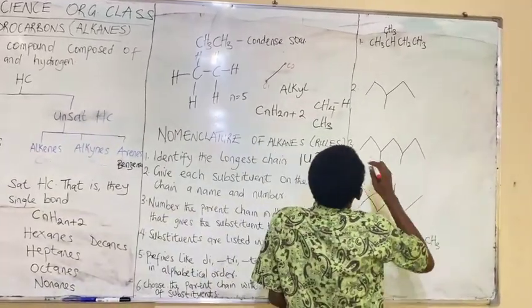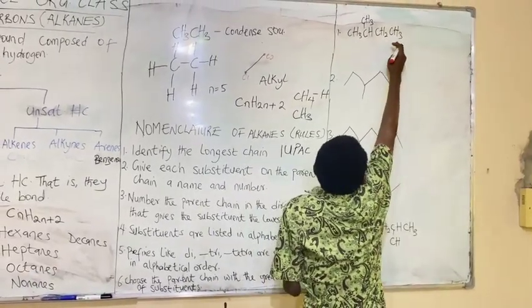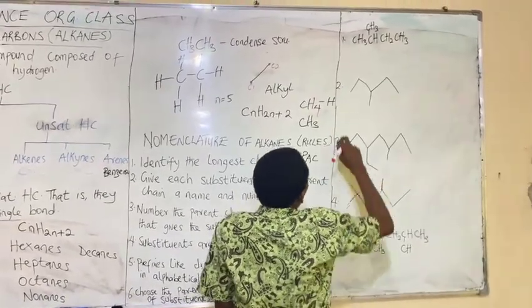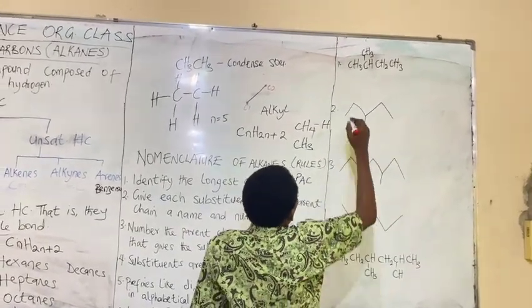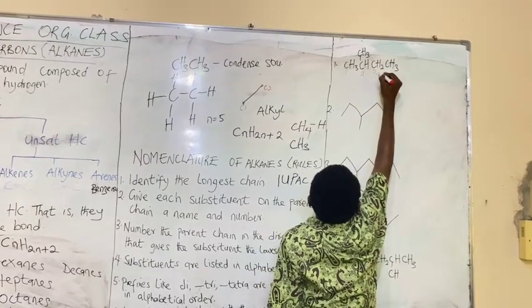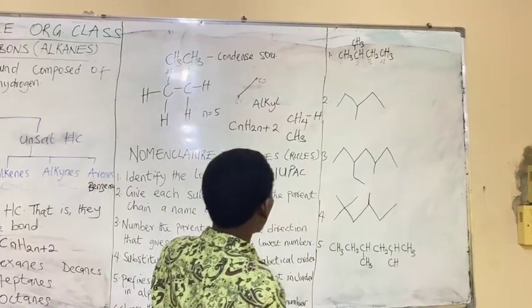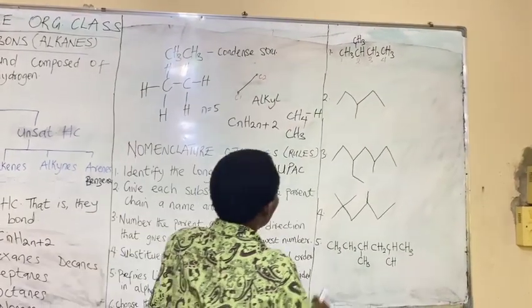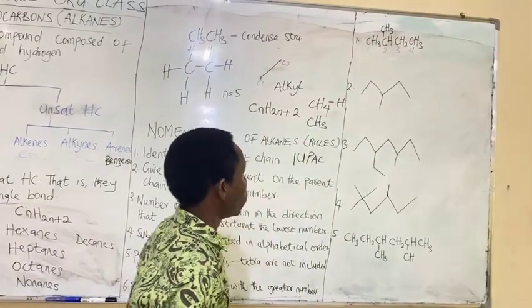In this structure, you can either number it this way, the right hand side, or you number it this way, the left hand side. If you number it this way, 1, 2, 3, and 4, we have 4 carbons. If we number it this way, it will be the same thing, 4 carbons.